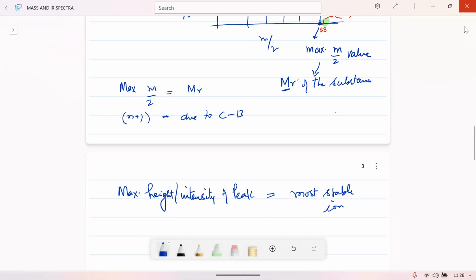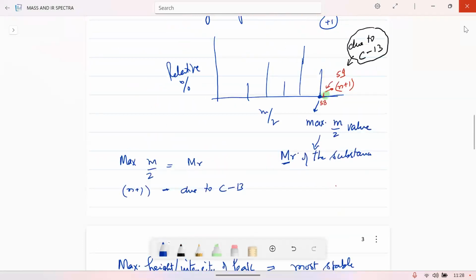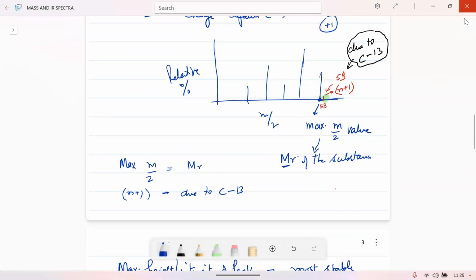Now the question arises, if this is due to the molecule, this is called a molecular ion peak. That means this is your unfragmented molecule. Unfragmented means it has not broken down. So this is the whole molecule. That is why it is maximum mass.